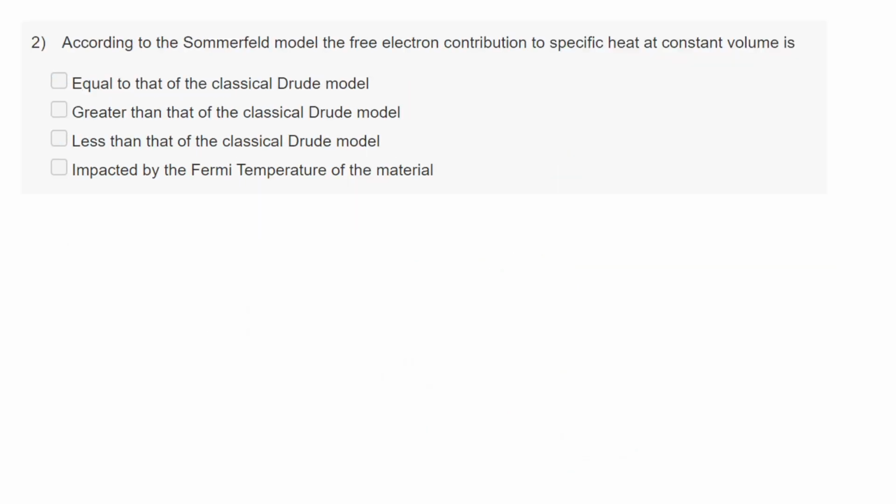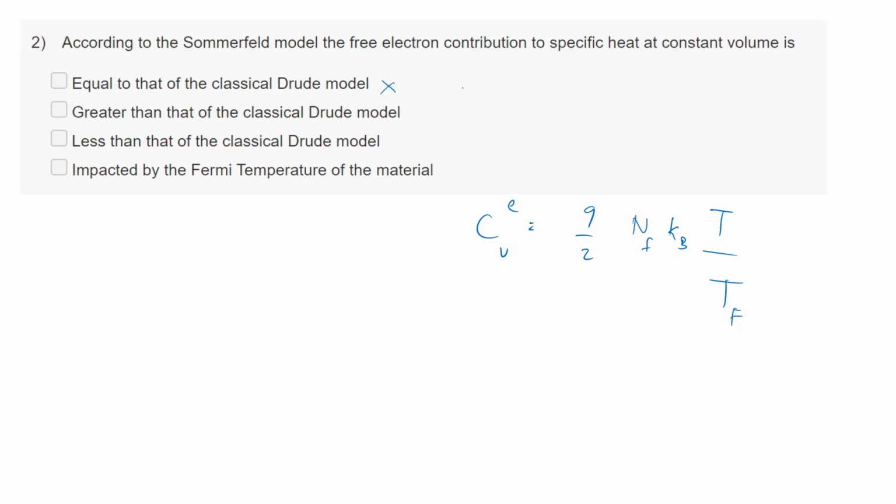So according to the Sommerfeld model, what is the free electron contribution to the specific heat at constant volume? C_V^E was what? (π²/2) N k_B T divided by T_F. Is it equal to the classical Drude model?